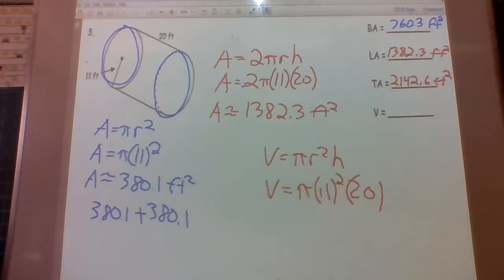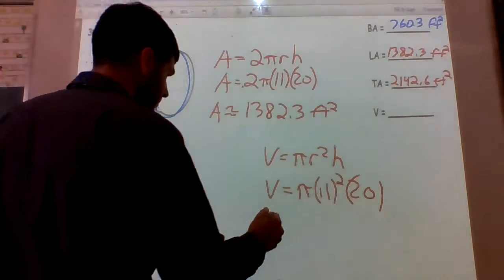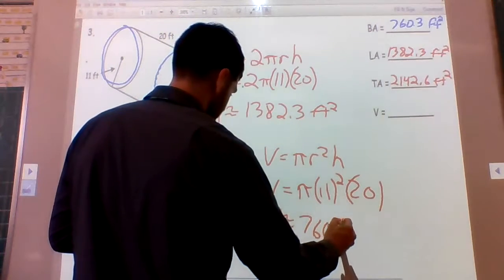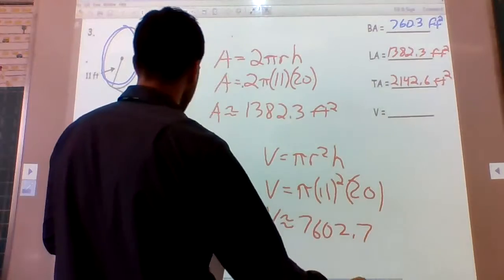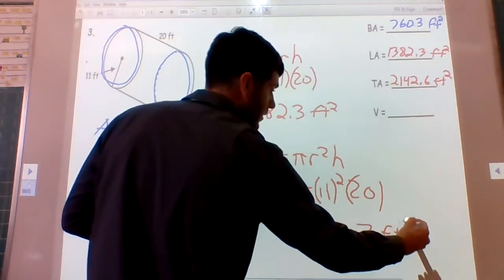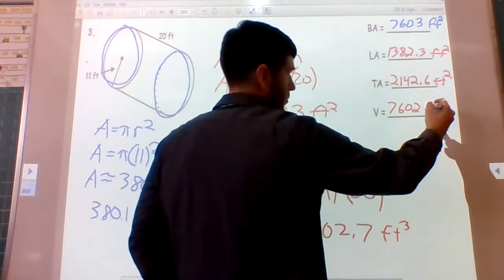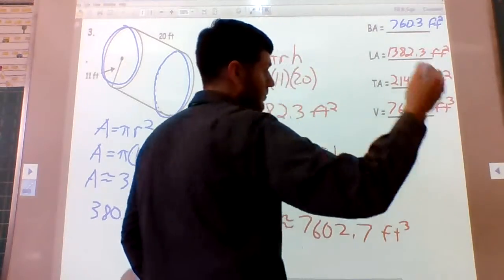Let's just put it in the calculator to double check. 11 squared times 20, and then times pi. Approximately 7,602.7 feet cubed.